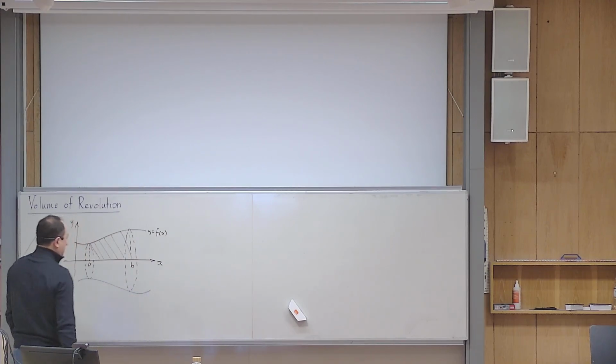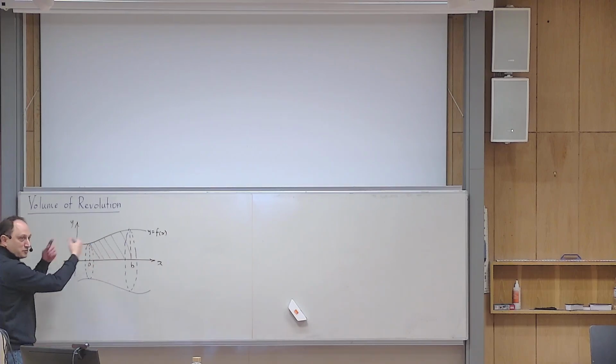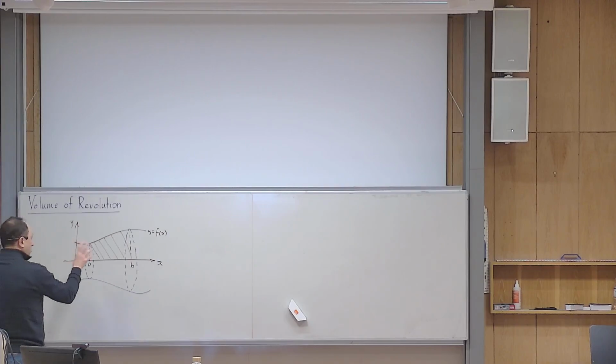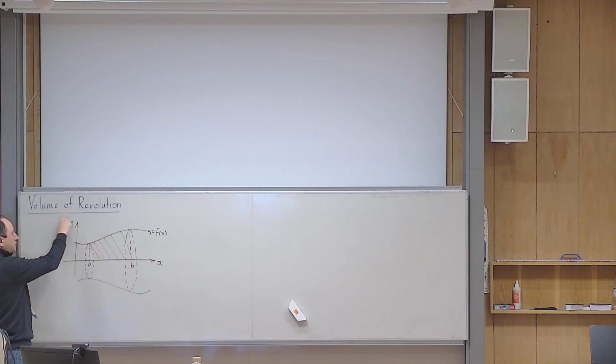Can you imagine that? This becomes just a volume. And then you want to calculate a formula that we are able to use to calculate this volume. This volume that you generate like this is called the volume of revolution. So you rotate something about the x-axis, and then you want to calculate the volume that it generates.